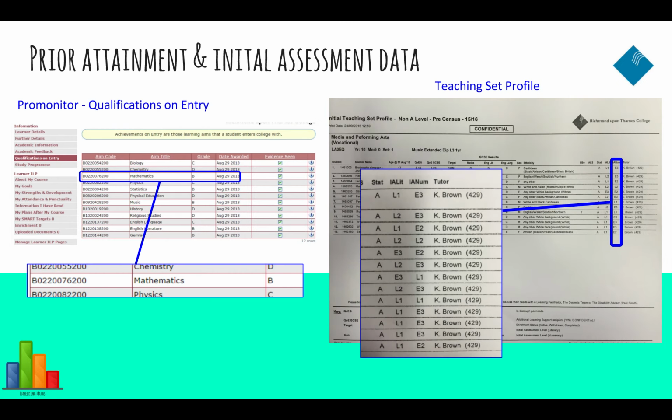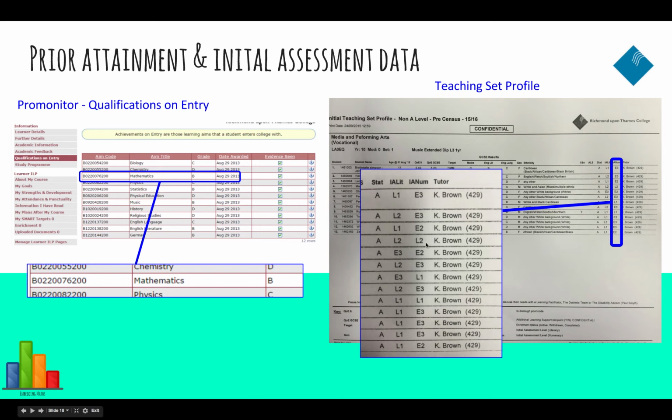So we have to look at data. What are the students' prior achievement levels? What is it appropriate to present to them and expect them to be able to interpret? Or at least, what might they need a little bit more help on? As you can see here, we've got a range of levels within this one class, who shall remain anonymous, from entry 2 all the way up to level 2.